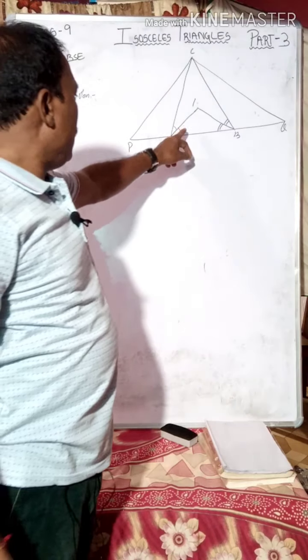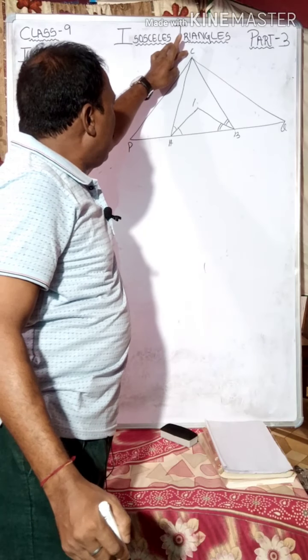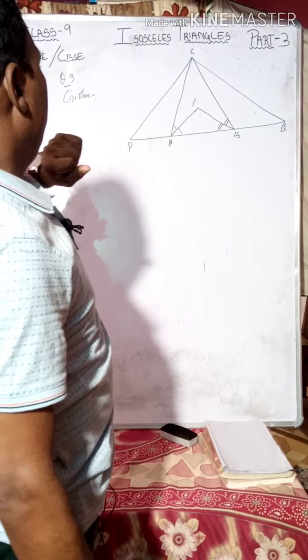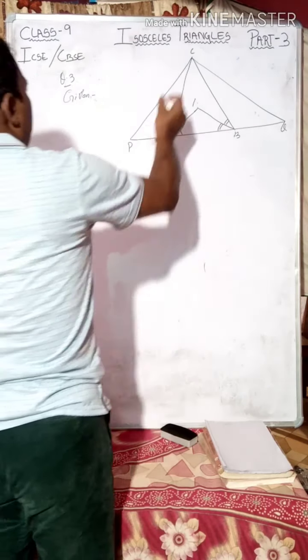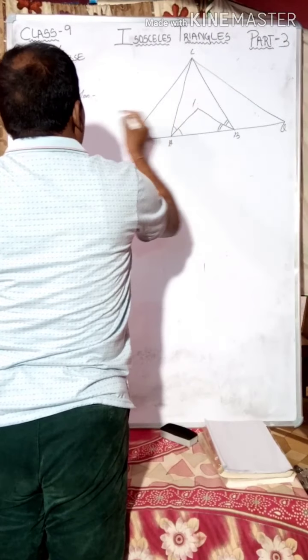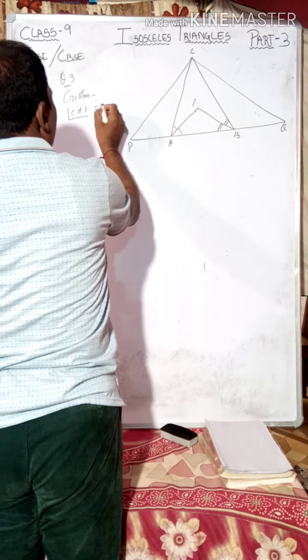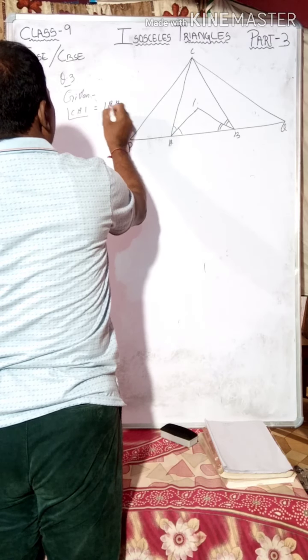IA is the bisector of angle CAB, means angle CAI is equal to IAB.